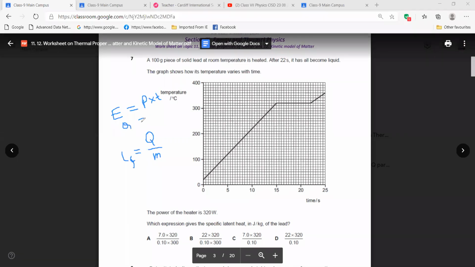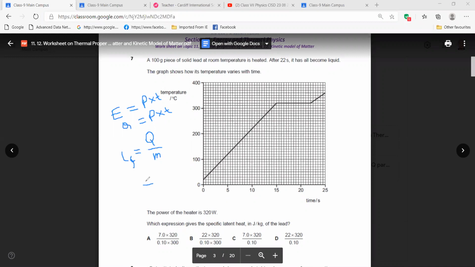This is in unit 11 of your book. So all the information you got, right?